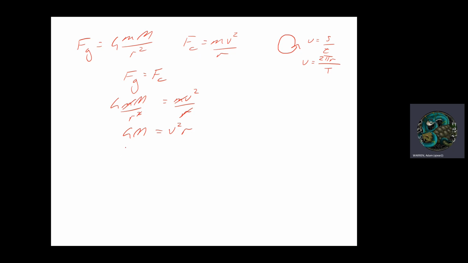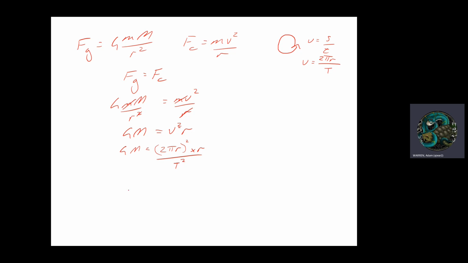So now we can substitute that into this and get that Gm equals 2 pi r squared, because this square is still here, times r divided by t squared. Okay, so that 2 pi r goes on the top and the t squared goes on the bottom.